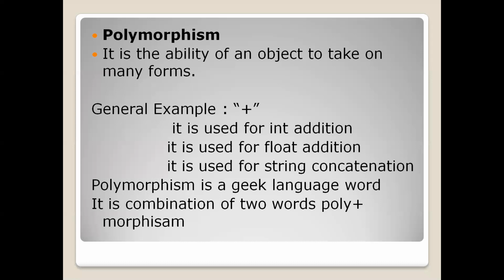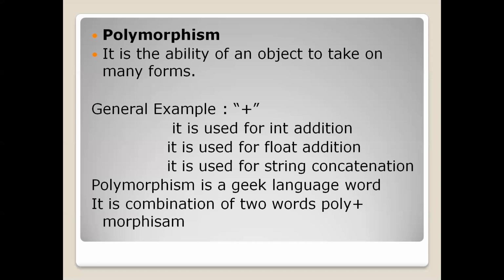Plus is acting for integer addition, floating point addition, and string concatenation, right? So if anything is having more than one form, then the concept is called polymorphism. Very, very important concept in object-oriented programming languages like C++ and Java, right?